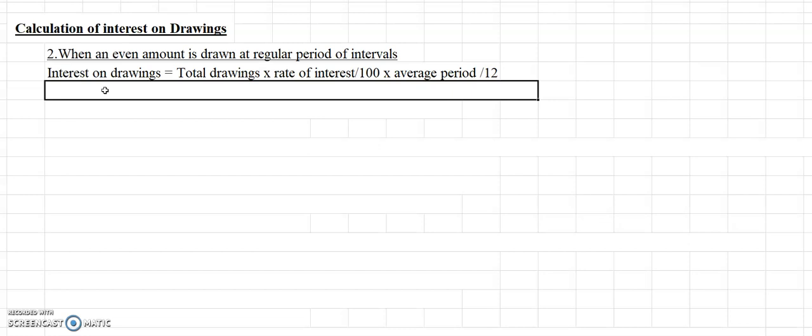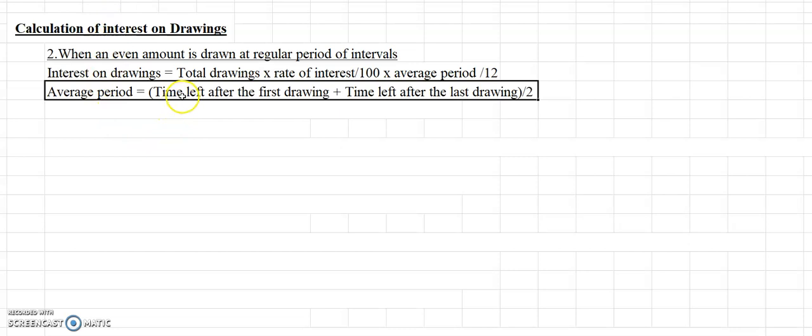In the explanation here we have discussed a situation where a partner is withdrawing a fixed amount in the beginning of every month. So first withdrawal is on 1st January and it will continue till 1st December. From 1st January to 31st December, how many months are left? For him 12 months are left. So the average period we will calculate with this equation.